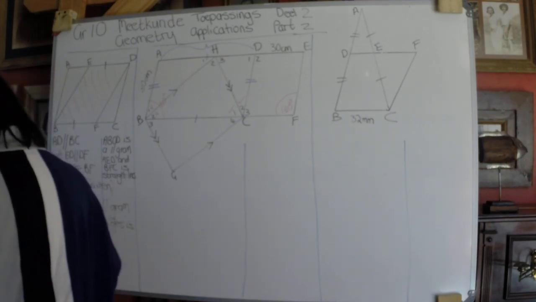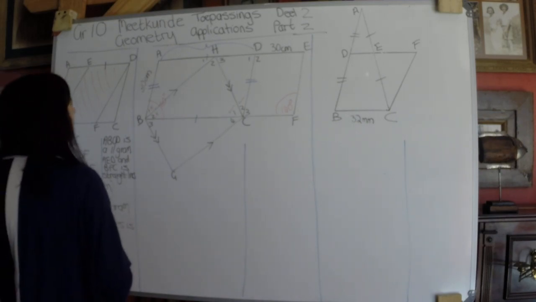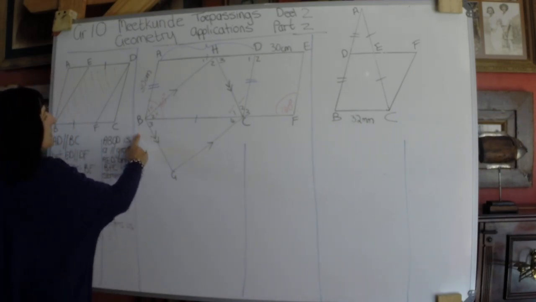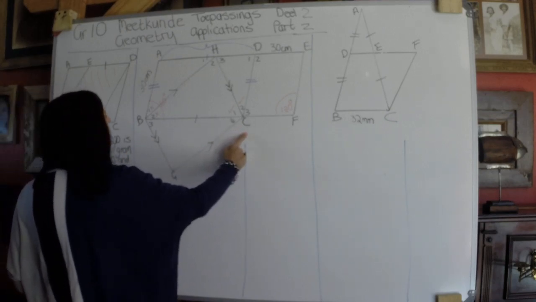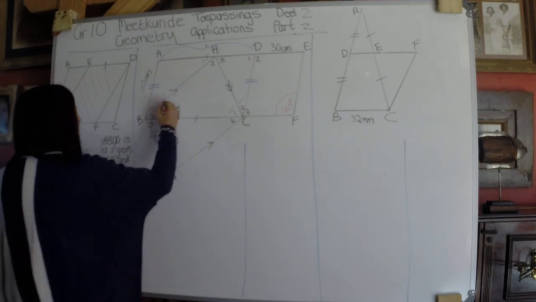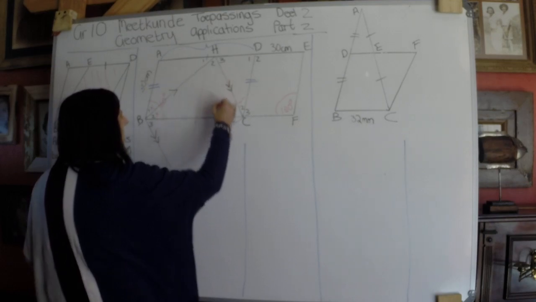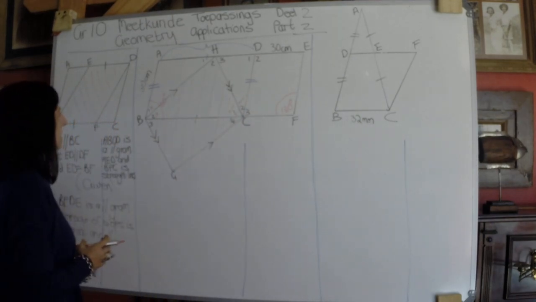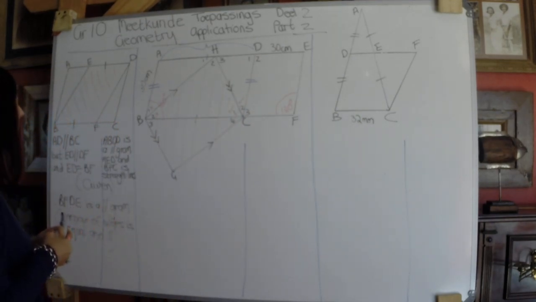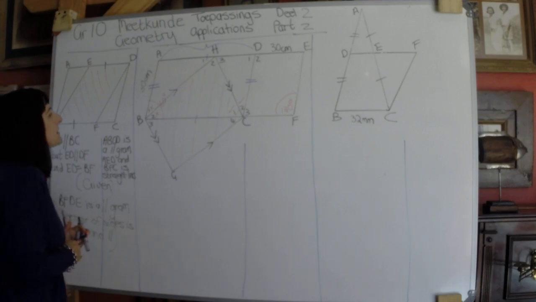So the first question that they ask is prove that BGCH is a rectangle. This quadrilateral must be a rectangle. Okay, let's start here and let's quickly see.